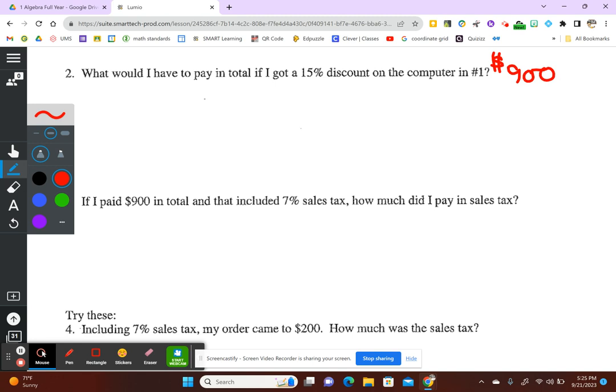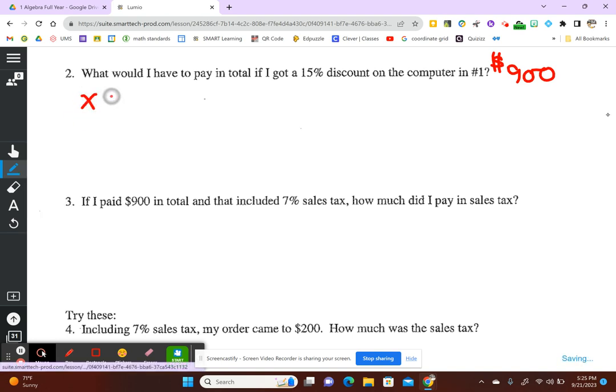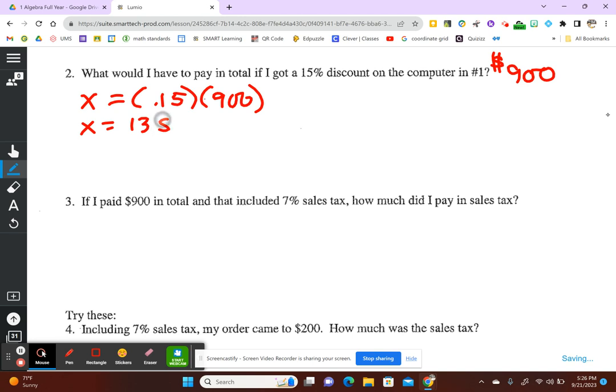So if I get a 15% discount, I could say, what is 15% of 900? And 15% of 900 is $135. So I take 900, I subtract 135, and 765 is my discounted price.